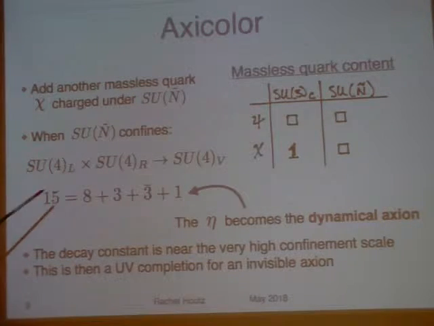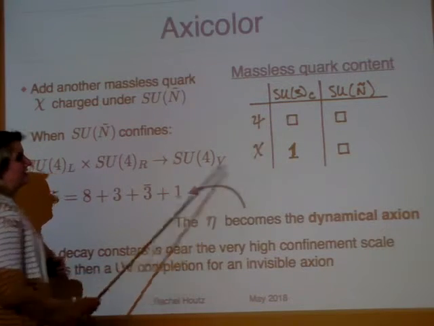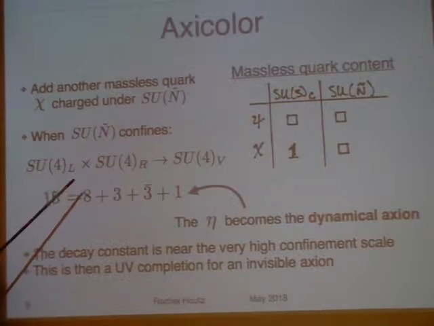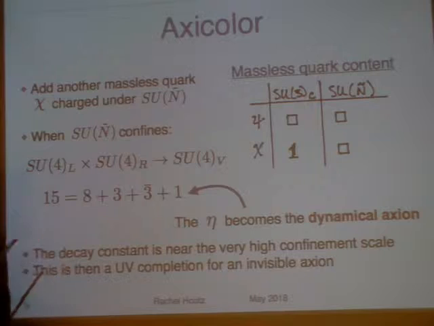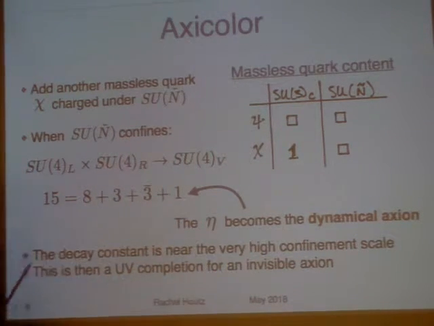And so when SU(N) tilde confines, from SU(N) tilde's point of view, there are four flavors: red, green, blue, chi. And you get this chiral symmetry breaking, SU(4)_L cross SU(4)_R to SU(4)_B. This breaking scheme gives 15 pseudo-Goldstone bosons. So we get adjoint exotic pions, fundamental, and a singlet exotic pion. In their model, this is the eta, and it becomes the dynamical axion.